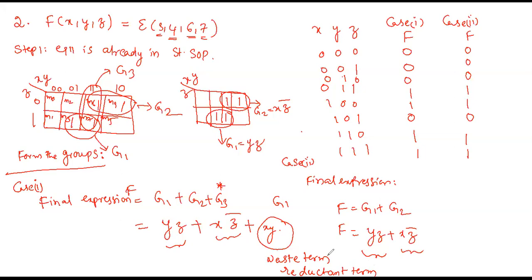So how are redundant terms generated? If the minterm is already covered in a group, and if you try to form another group, the redundant terms will be generated.